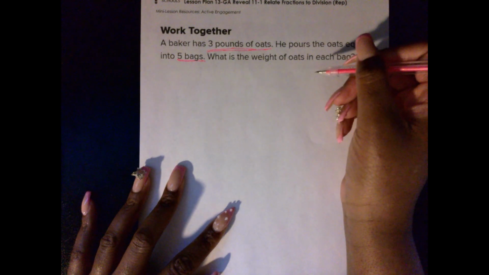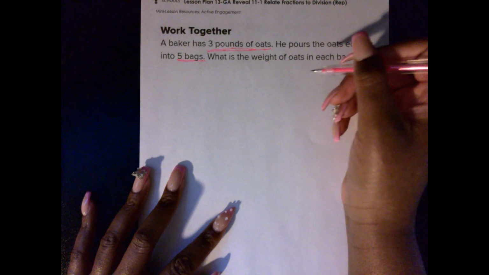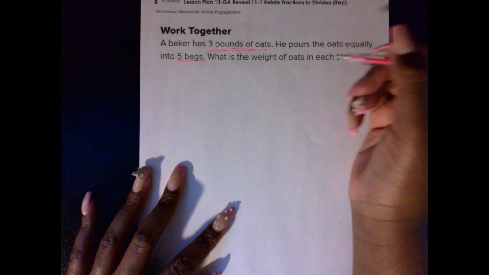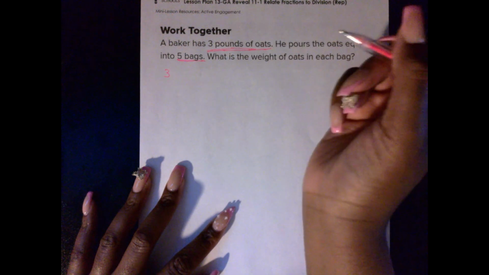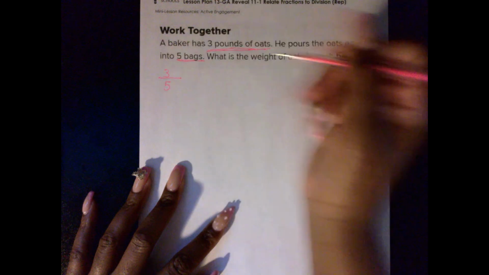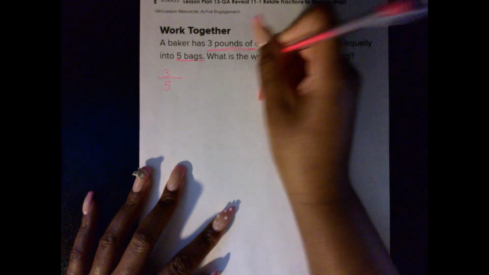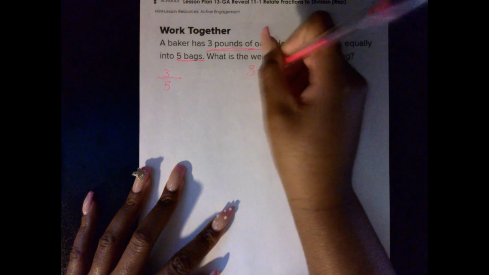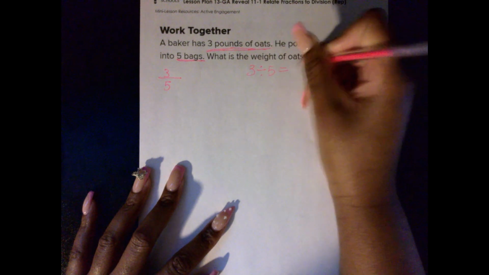That will represent my dividend, so that would be my numerator, which is my 3. And then my bags is how they're being shared, or how I'm partitioning the pounds of oats. 5. So an equation I can write out would be 3 divided by 5 equals, let's say, B.